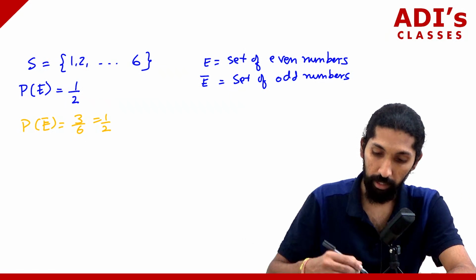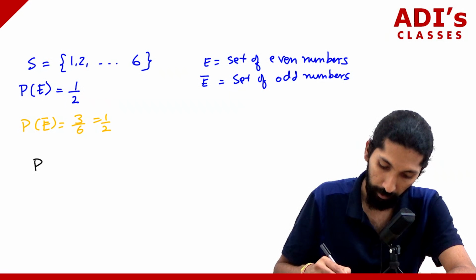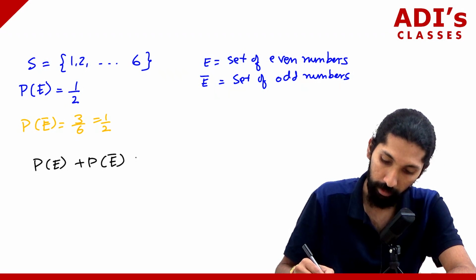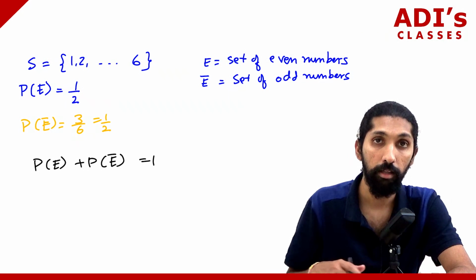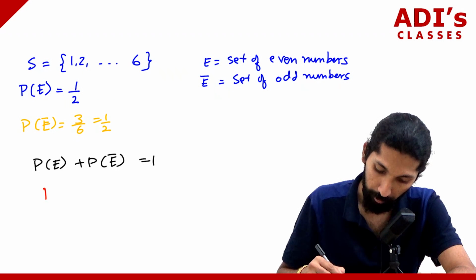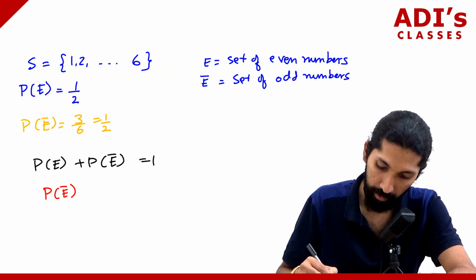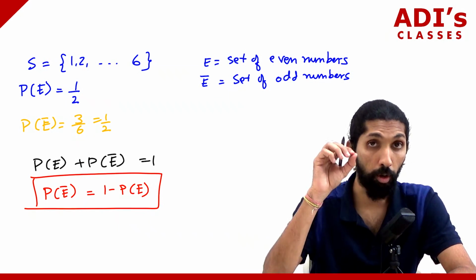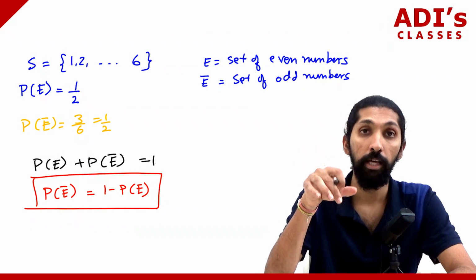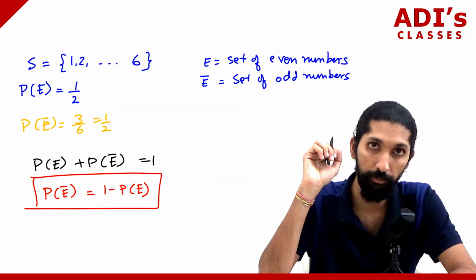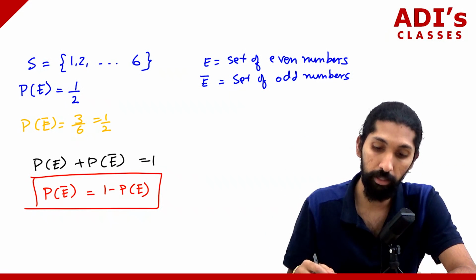So we can say that P of E plus P of E complement is equal to 1, correct? Or P of E complement is equal to 1 minus P of E. So we can figure out the probability of the complement of an event if we know the probability of the event. Fair enough? This is a very important relation.